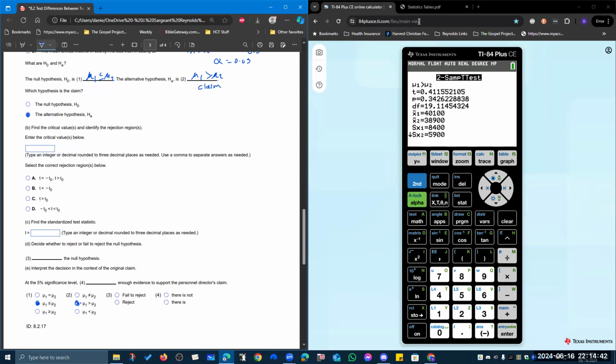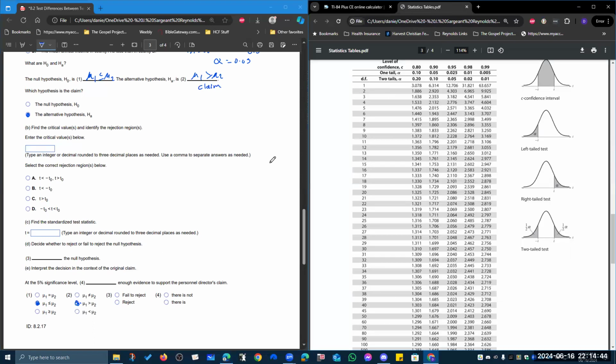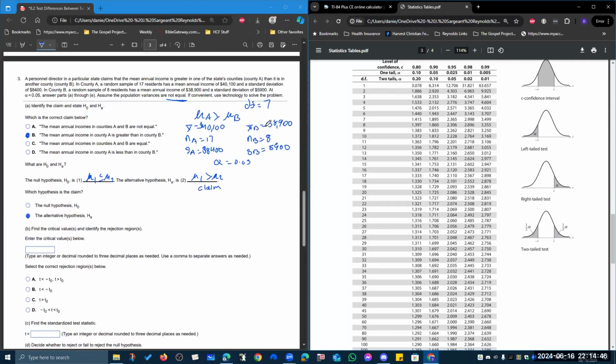Critical value here, let's just look over here. Our degrees of freedom should be 7 for a one tail to the right, and alpha was 5%. So one tail 5%.